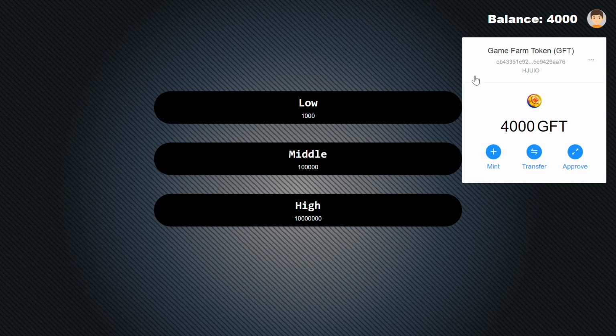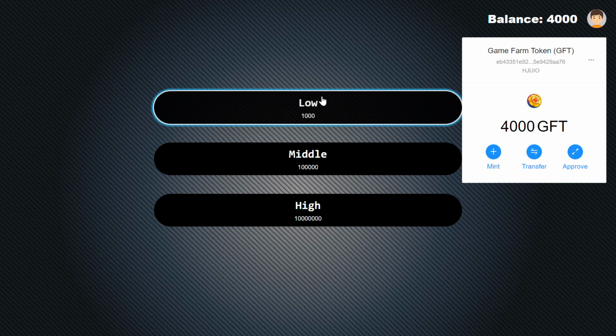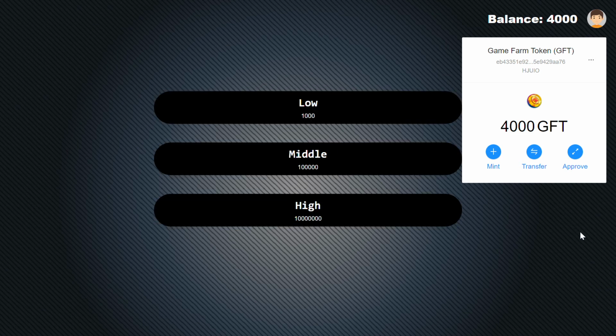Here you see the mint and the plus button. When you click here, it adds the tokens so that you can start playing the game. Without having a balance here, you can't access these levels when you want to play the games. So you click here, mint, so that you get some balance.